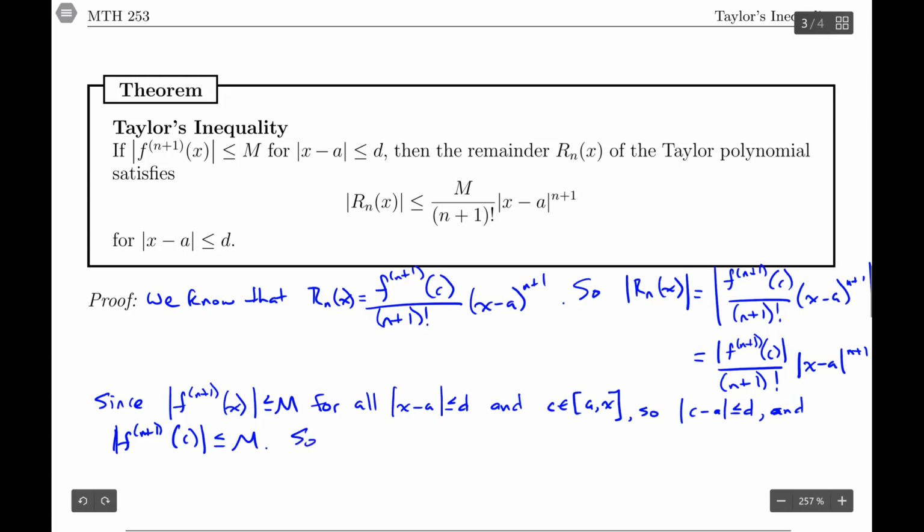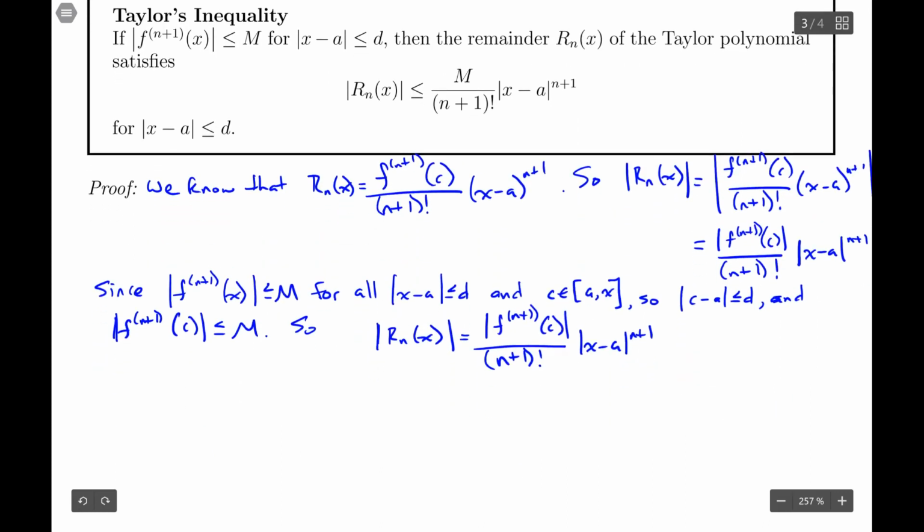So, because we know that the absolute value of r sub n of x is equal to the absolute value of the n plus first derivative at c over n plus 1 factorial times the absolute value of x minus a to the n plus 1, we can replace this numerator with just an M, as long as we keep in mind that M is a value that is at least the size of the n plus first derivative at c.